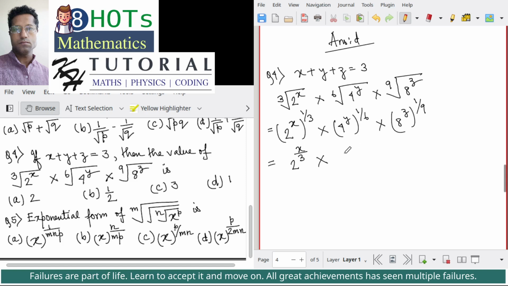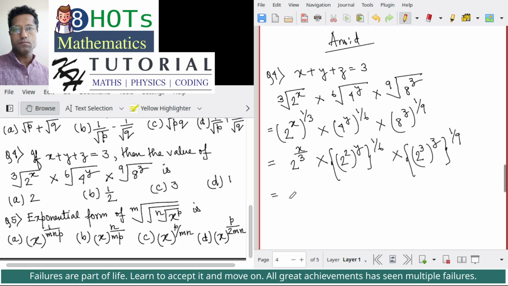So 4 will be 2 square, raised to the power y, and again raised to the power 1 by 6, multiplied by 8 as a power of 2, so it will be 2 cube raised to the power z, and this whole raised to the power 1 by 9.